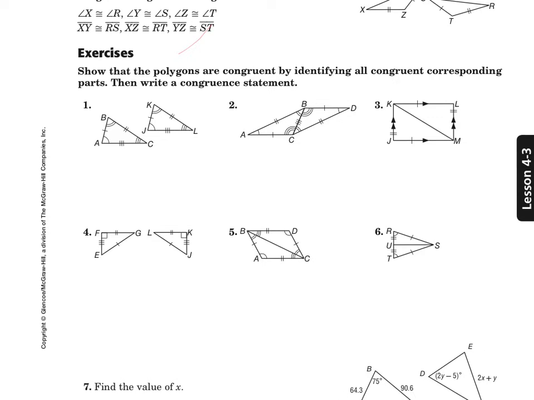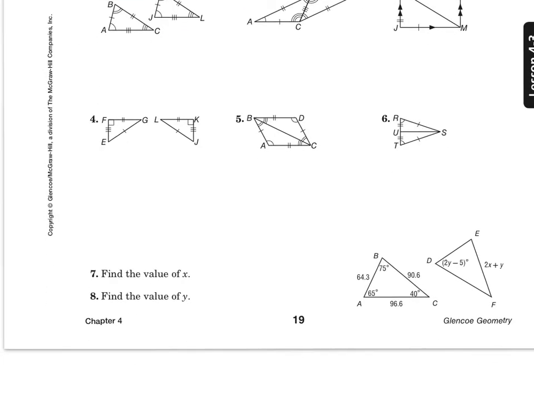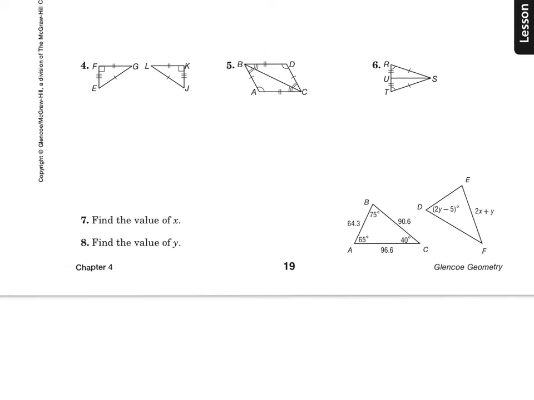Your congruence statement is going to be triangle ABC is congruent to triangle XYZ. That would be a congruent statement. Your corresponding parts, you should have 3 statements for the angles and 3 statements for the sides. And then 7 and 8, you're going to use what you know about corresponding congruent triangles to find the values of X and Y.